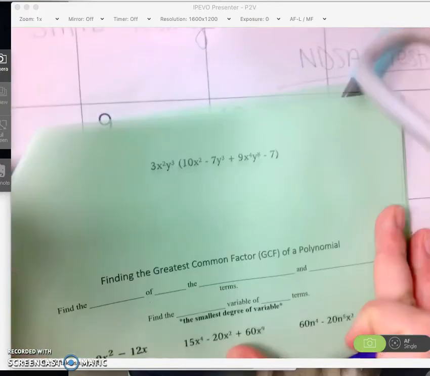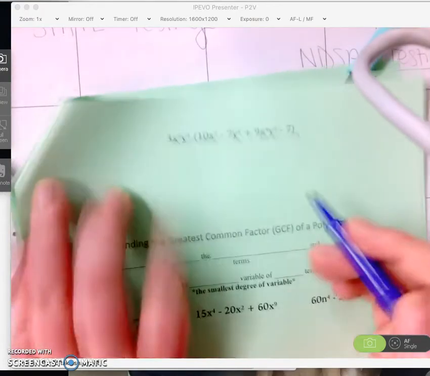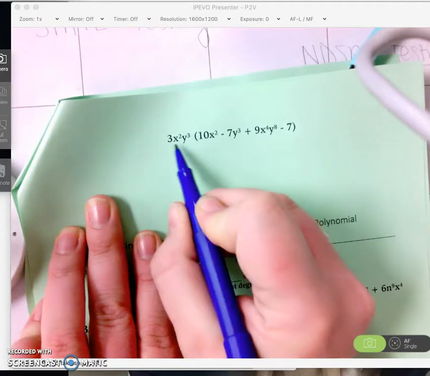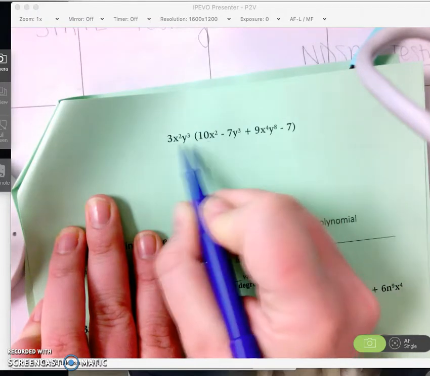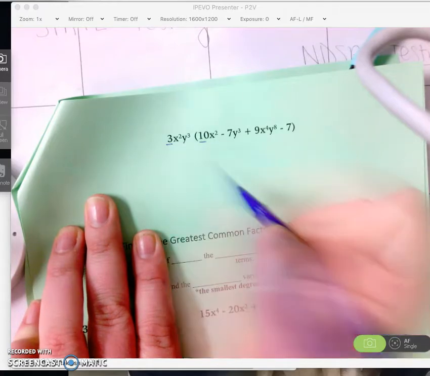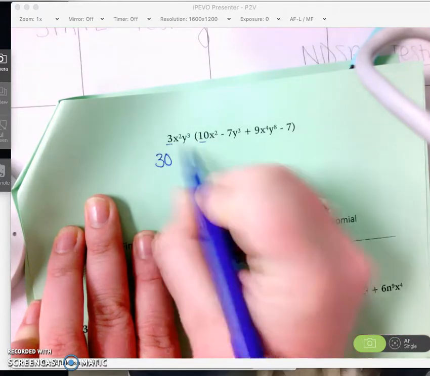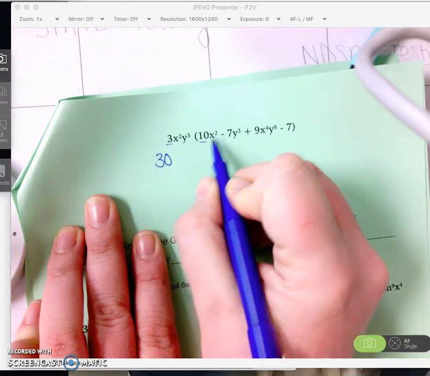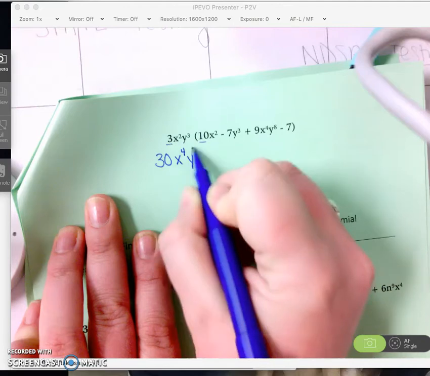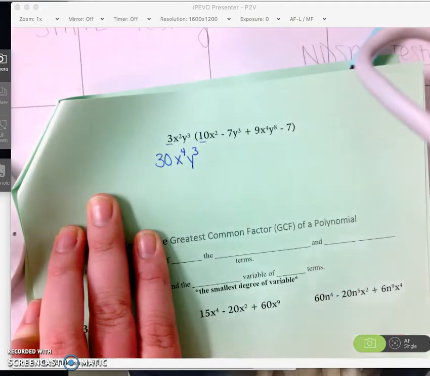Okay, let's do one more. Now I have one variable here, two variables here, but one variable here. Again, I'm going to multiply my coefficients. So 30, x to the second times x to the second becomes x to the fourth, and y to the third just stays there.